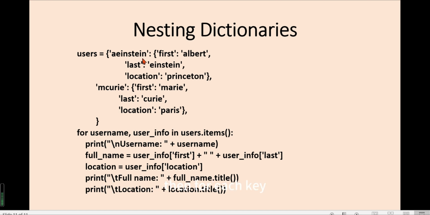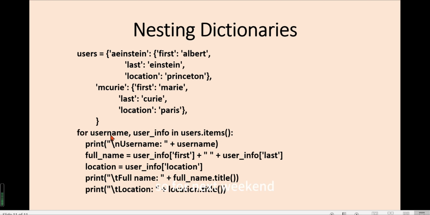Then for each key, the value is a dictionary. And this dictionary stores information for this username. The information includes first name Albert, last name Einstein, location Princeton. Marie Curie includes first name Marie, last name Curie, location Paris.